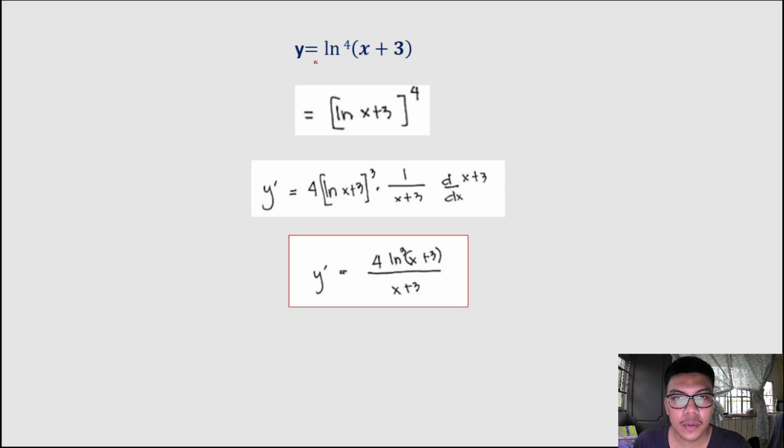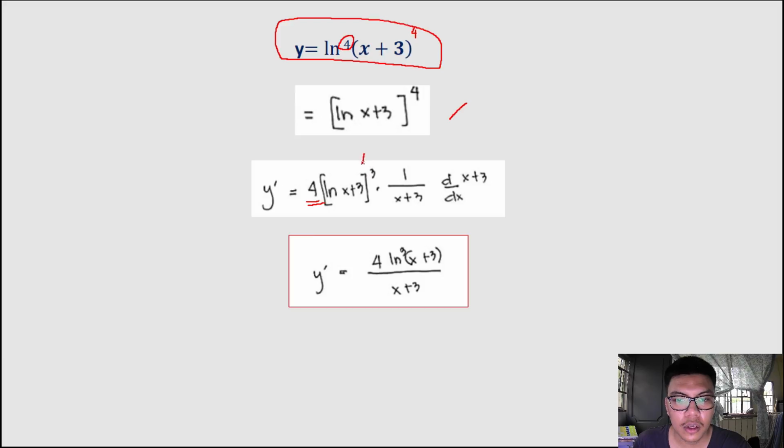So, another example. Okay, so pansinin naman tong example na ito. So, yung ating exponent, wala na dito, no? Ganito na siya, no? Kapag sinulat natin, we have ln x plus 3 quantity raised to 4. Okay? So, dito, mag-apply ka na ng general power formula. So, 4, ayan, to get the derivative, so 4 times ln x plus 3.